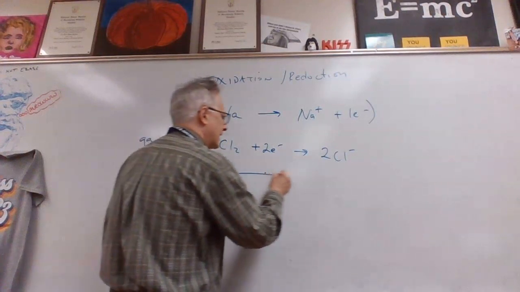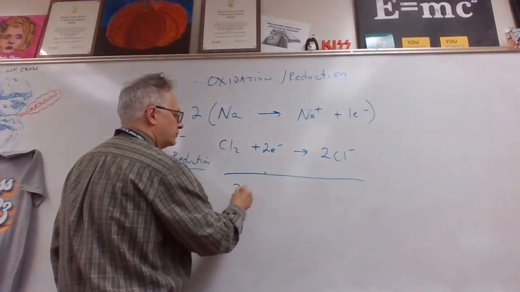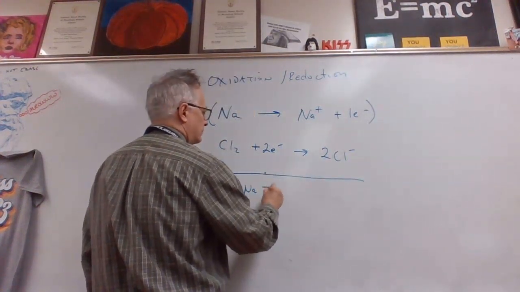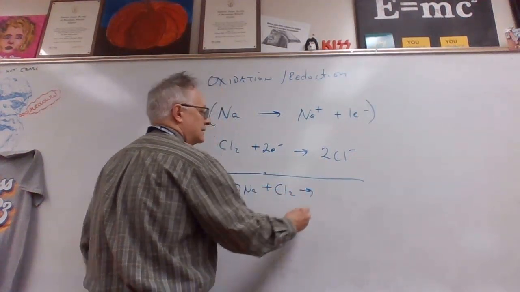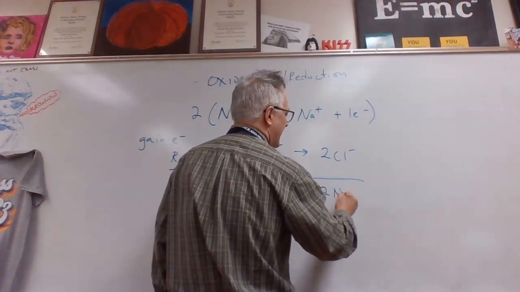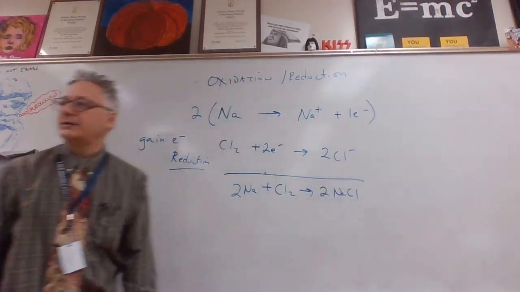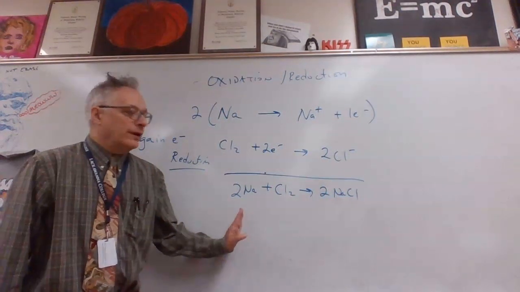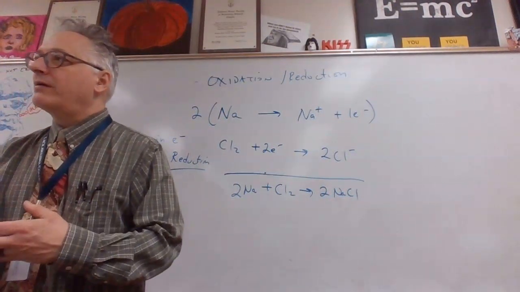So I'm just going to add these together. I'm going to get 2 sodium atoms plus Cl2 to give 2 NaCl, sodium chlorides.